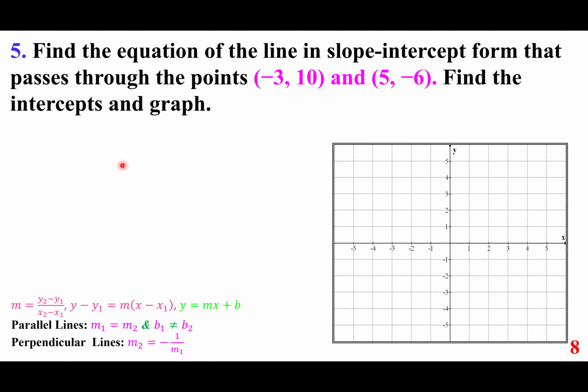So with that being the case, the very first thing we do, we calculate the slope, which is rise over run, y sub 2 minus y sub 1 over x sub 2 minus x sub 1. So -6 minus 10 over 5 minus -3. -16 over 8, results in -2.